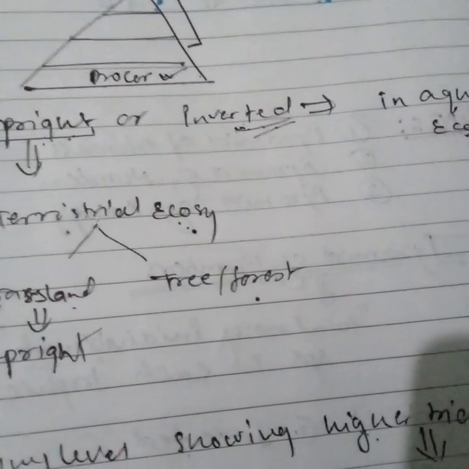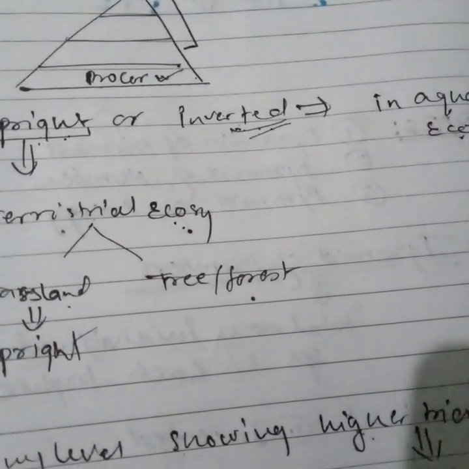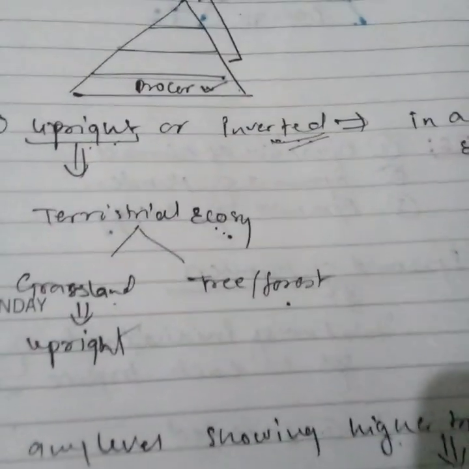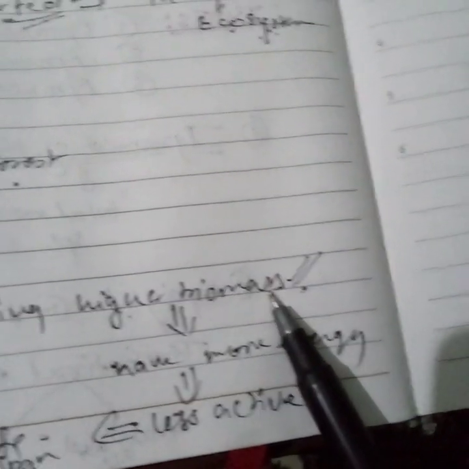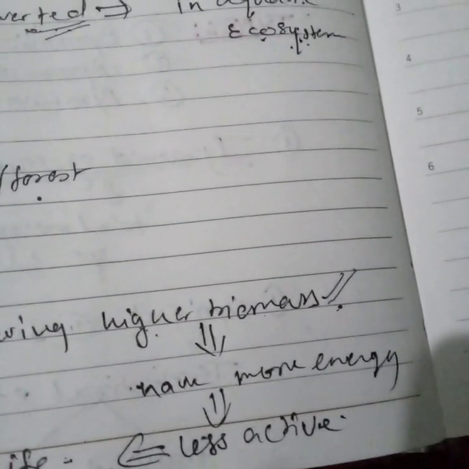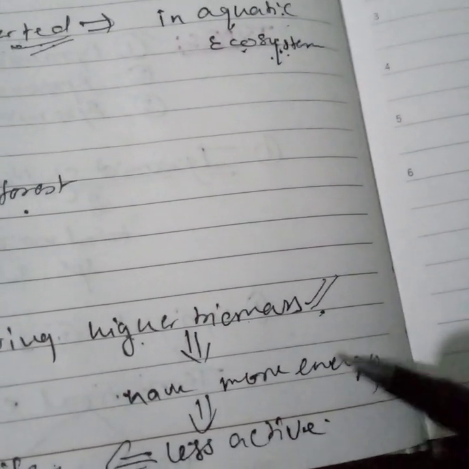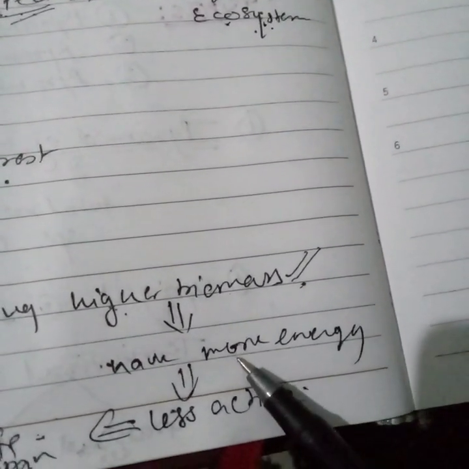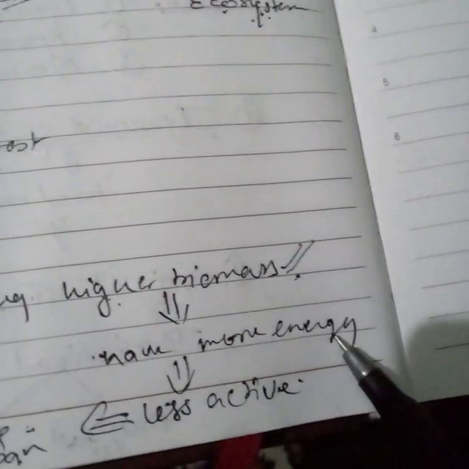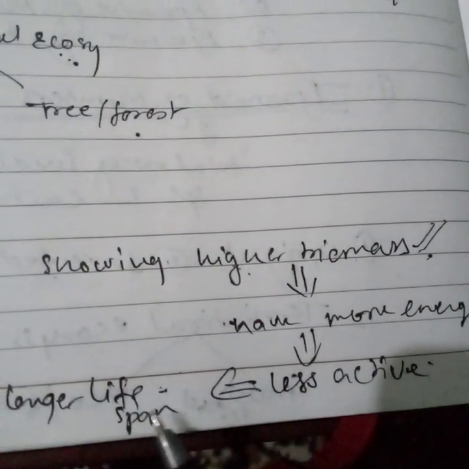So on the basis of biomass, the organism's lifespan is determined. How is it determined? Let's see. Whenever any trophic level shows higher biomass, it means they contain large body size animals, and these animals having higher biomass have more energy, and due to the more energy they will be less active and their life span is very long.